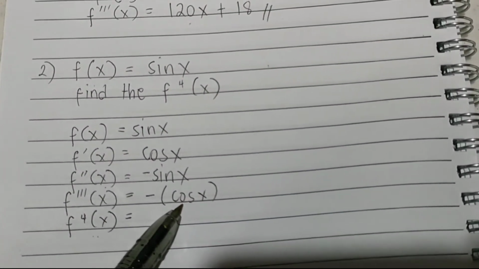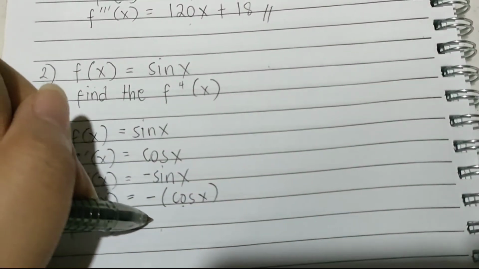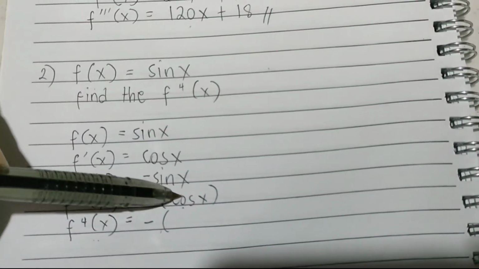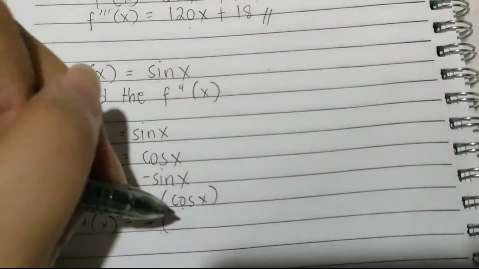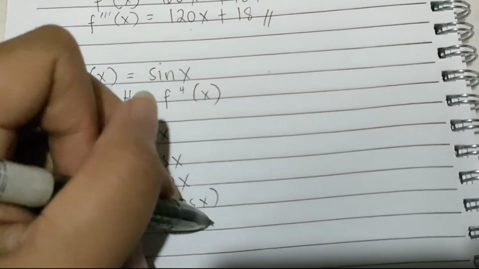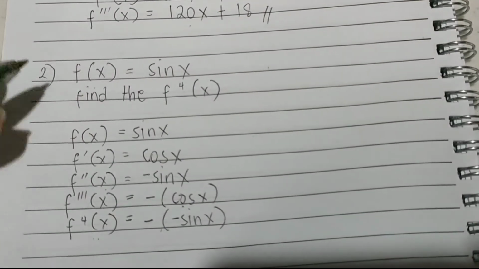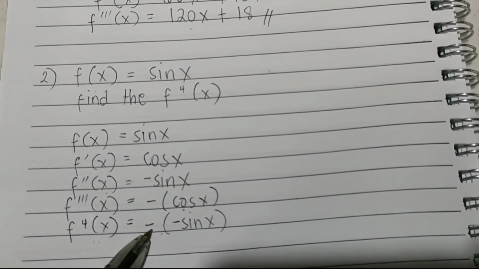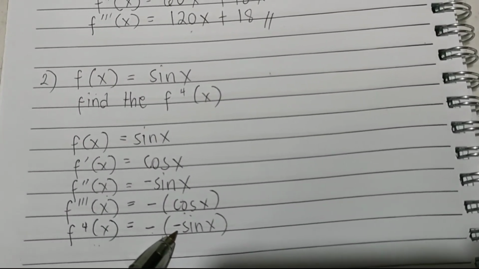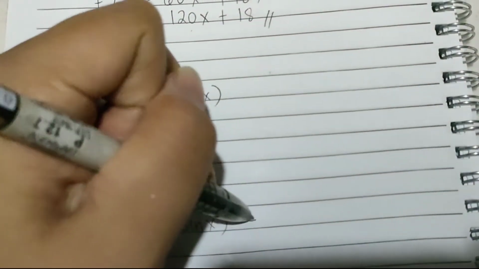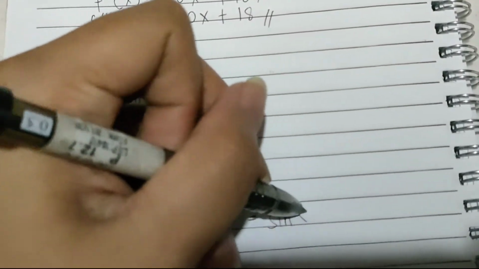What is the derivative of cosine x? So, copy ko lang to, negative, and then, derivative ni cosine x, di ba, is negative sin x. So, ito na yung fourth order derivative. I-simplify lang natin. Negative times negative, positive sin x. So, the final answer is positive sin x.